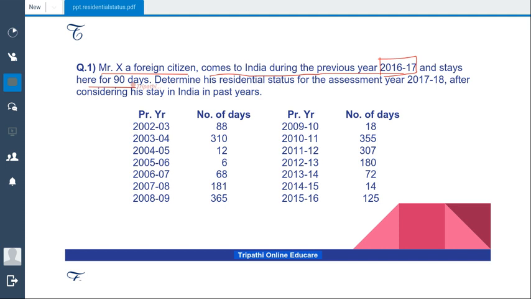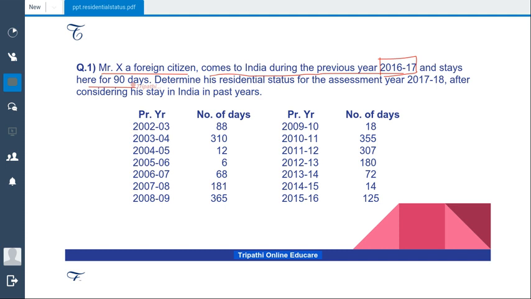That means he is not satisfying the first basic condition, but he has an option of second basic condition. Now, why does he have an option of second basic condition? Because exception to section 6 subsection 1 is not applicable to him. Hence, he has the option of second basic condition.